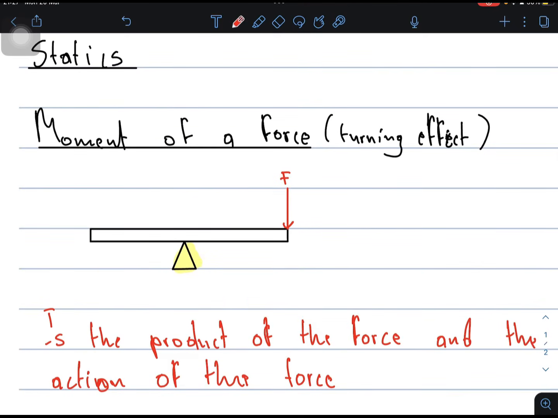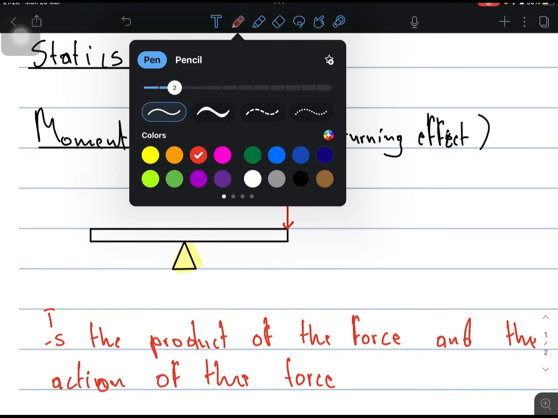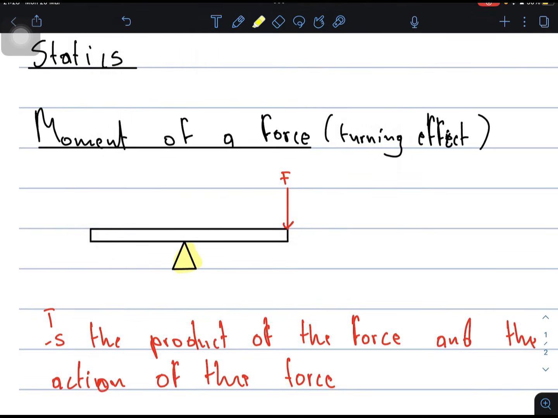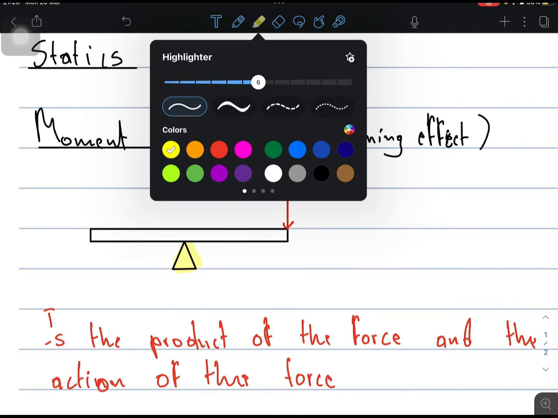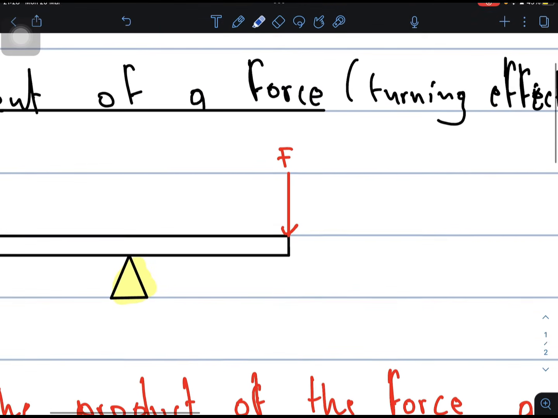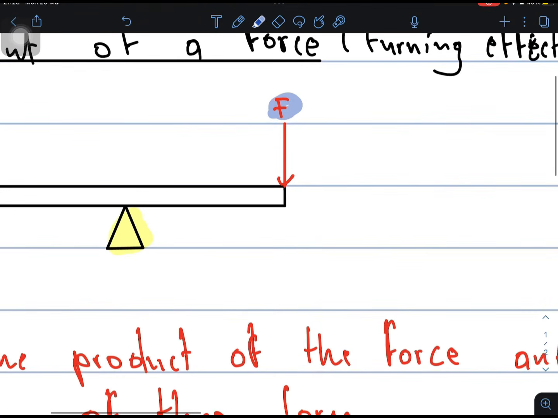Okay, so according to what we have just defined, let me use a blue color. A moment is the product of the force and the perpendicular distance. Where is my turning point? So the first thing you ask yourself is, where is my turning point? Here is my turning point.